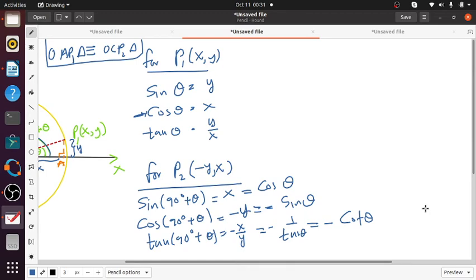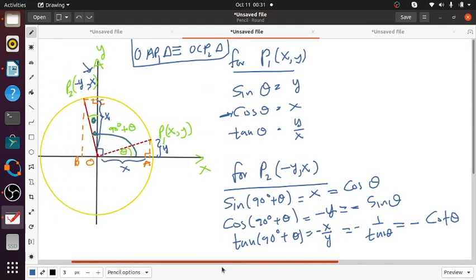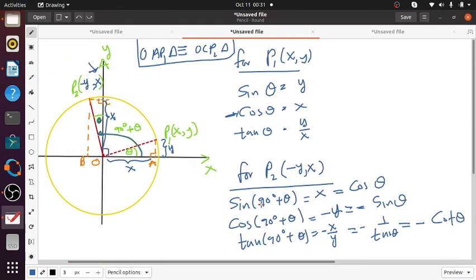You can see here that the sign change still applies. The quadrant rule still applies to this as well, but the function has changed. Here the sine of 90 plus theta is equal to the cosine of theta.